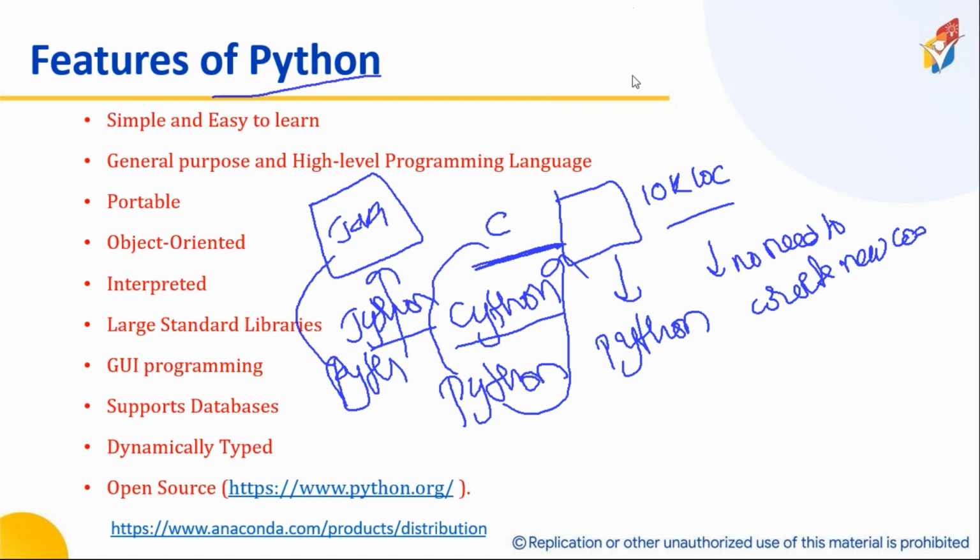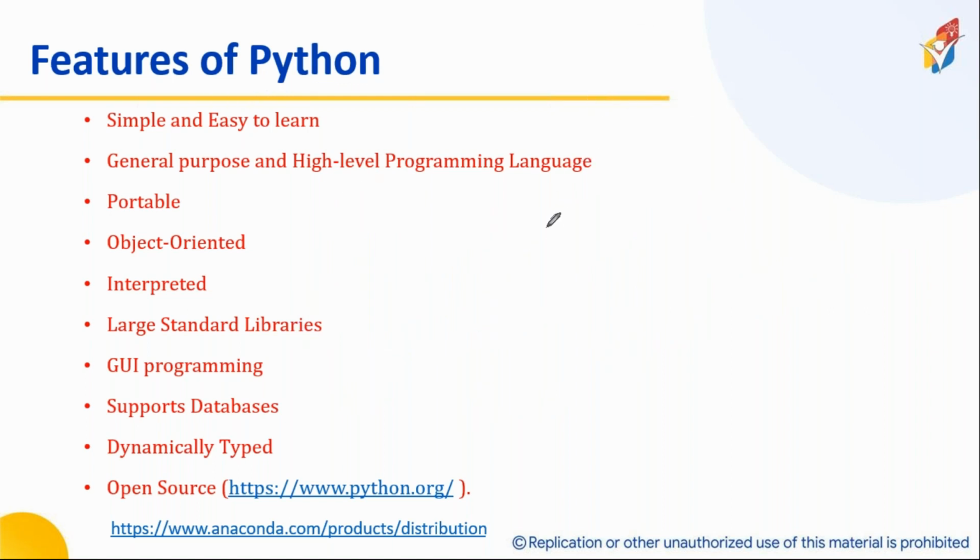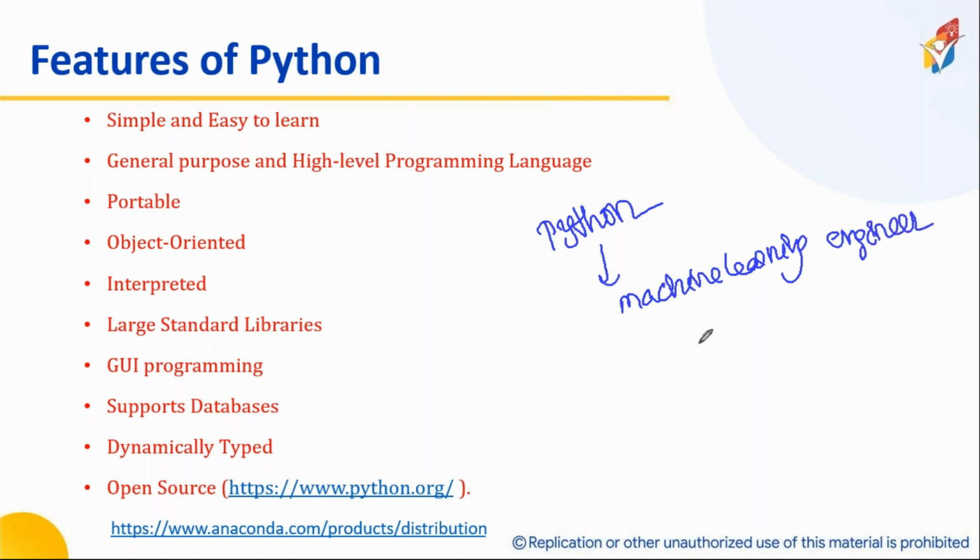Now, most of the people in the demos are asking what they can achieve with Python. What will be the next step? Once you are good in Python, you can go to the machine learning area, as a machine learning engineer.